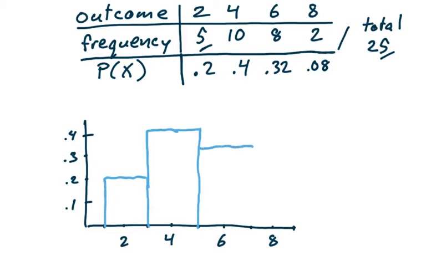It's a little bit higher than 0.3. And then similarly, 0.08 is just going to be a little bit under 0.10. So that is our frequency distribution. I mean, our probability distribution.